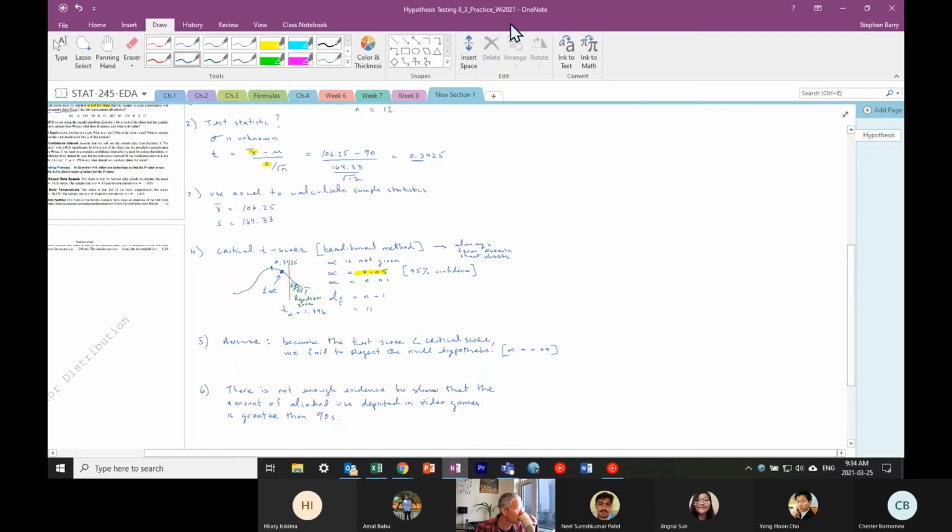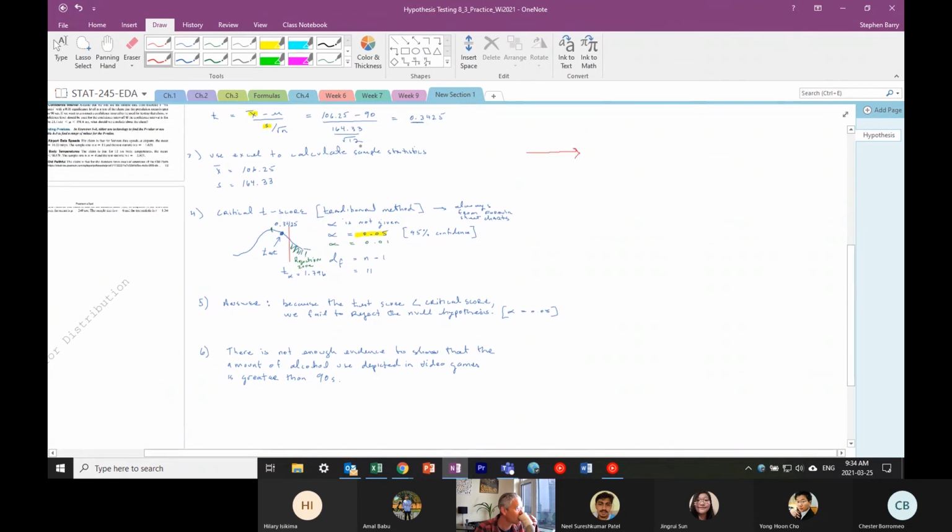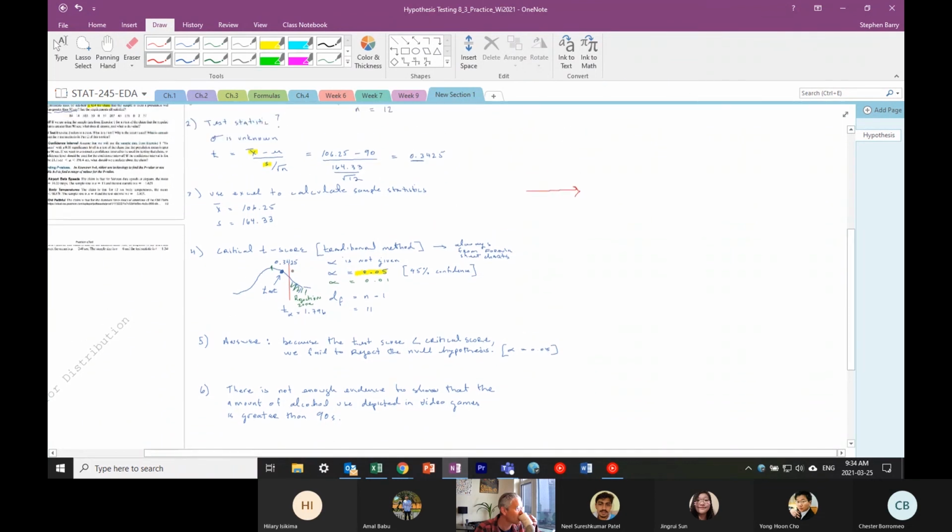So the p-value method, all it says here is that instead of looking up the critical t-score, we do everything the same, except at this point here, we make a slight deviation. So instead of going to the critical t-score area, we're going to look up what area of the curve this corresponds to, right?